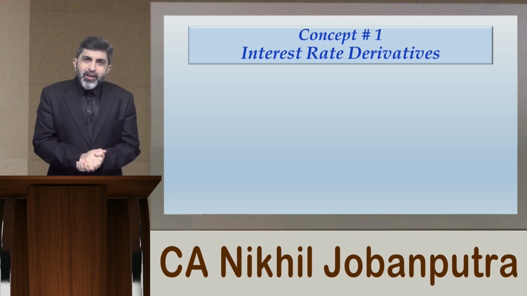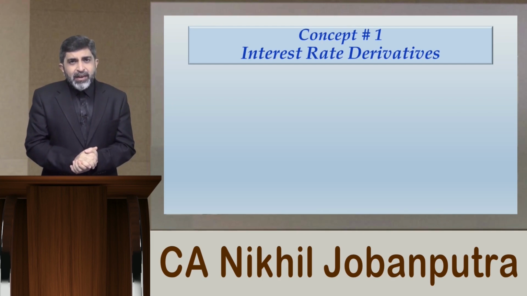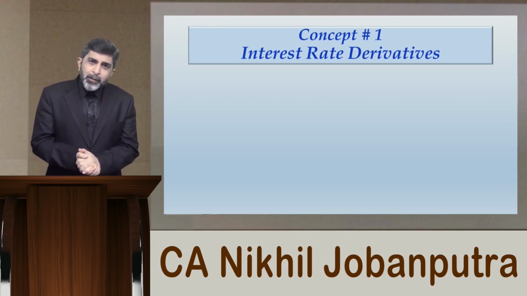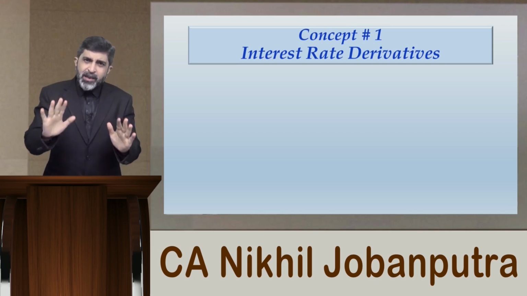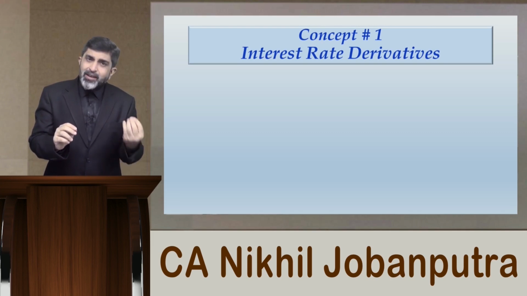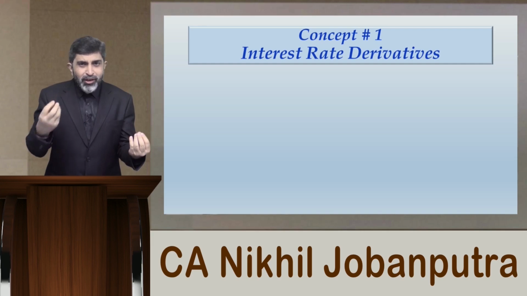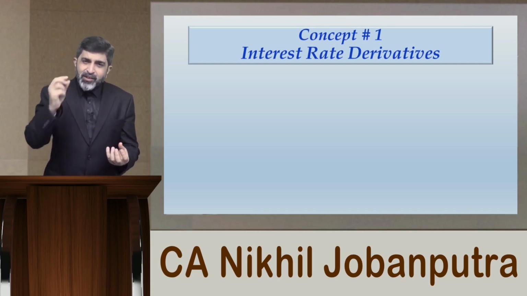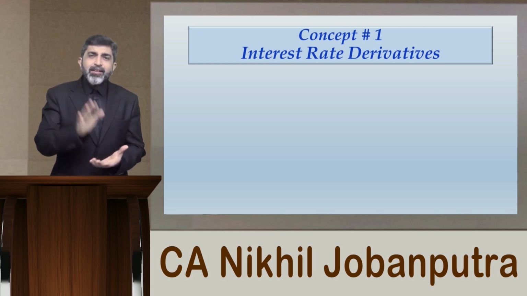Now, when we talk about interest rate derivatives, let us first try to understand what these interest rate derivatives are. Interest rate derivatives are typically derivatives only, but the underlying component over here is not a share, it is not a currency, it is not a commodity, it is not an index. The underlying over here is an interest rate.